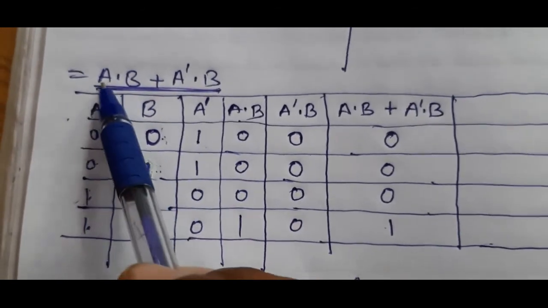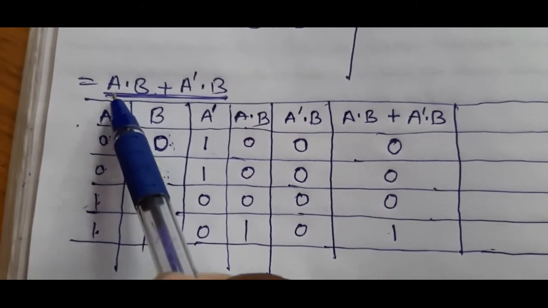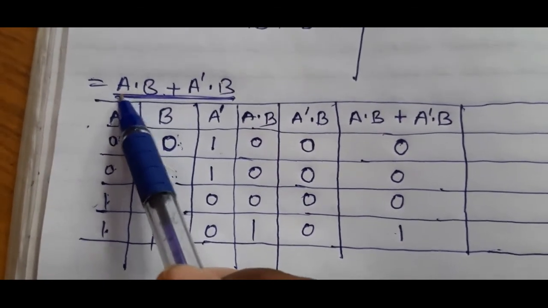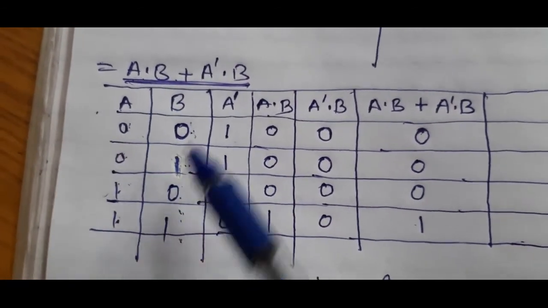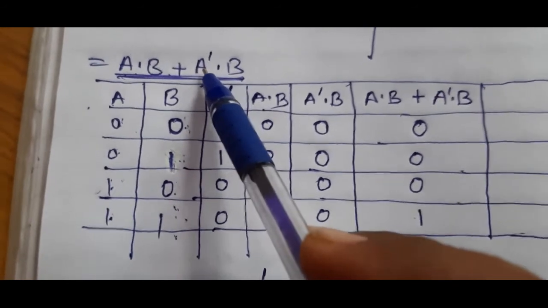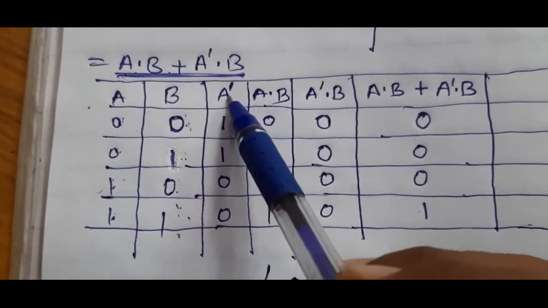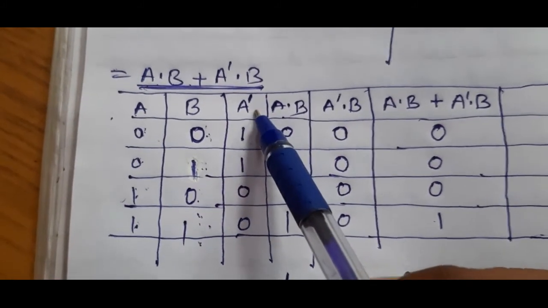Now, as given in the question, we got the A and B possibilities here. Now we have to get the possibilities of NOT A, because we need the A complement.